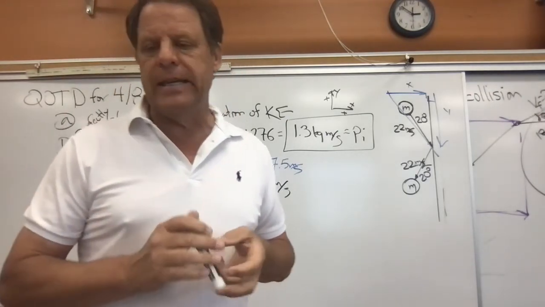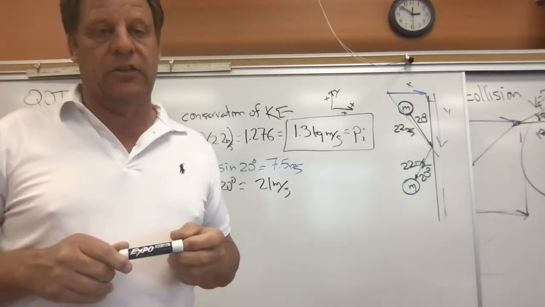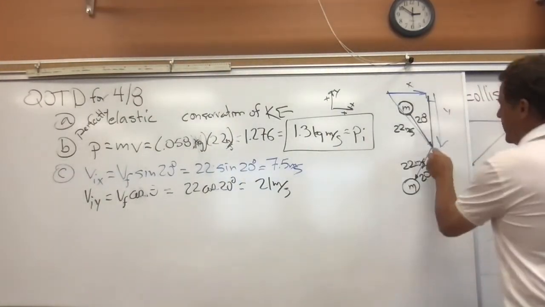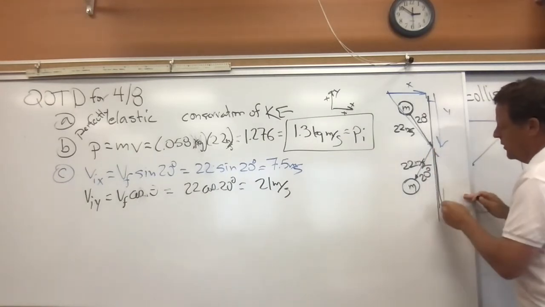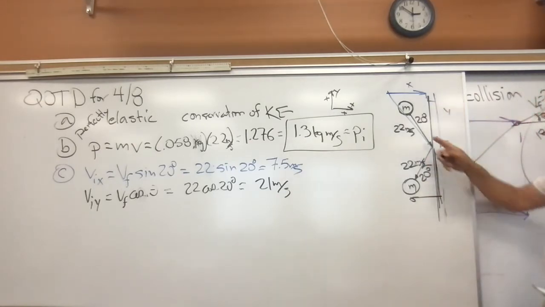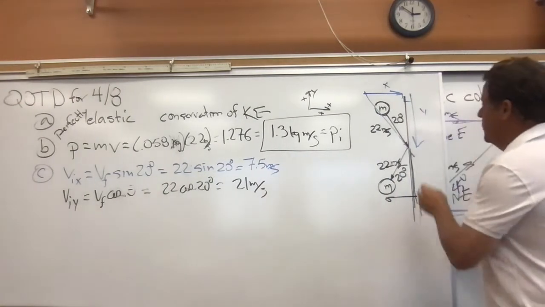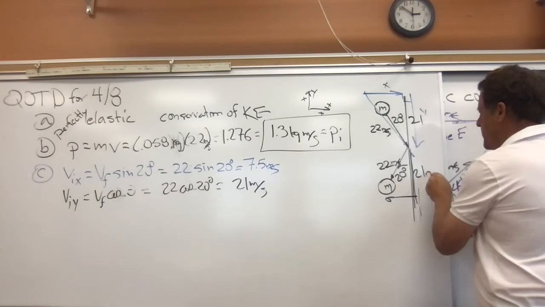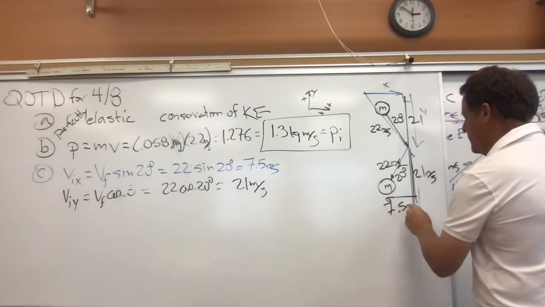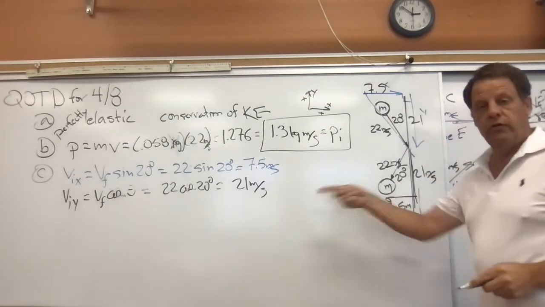Now D asks: what is the final velocity of the ball in the x direction, and what is the final velocity of the ball in the y direction? We can see that it is bouncing off. Because our hypotenuse and our angle did not change, we get 21 meters per second in the y and 7.5 meters per second in the x, except this is going in the opposite direction.